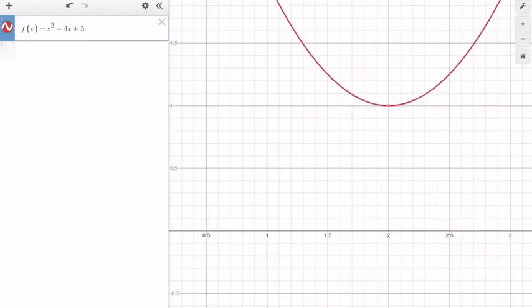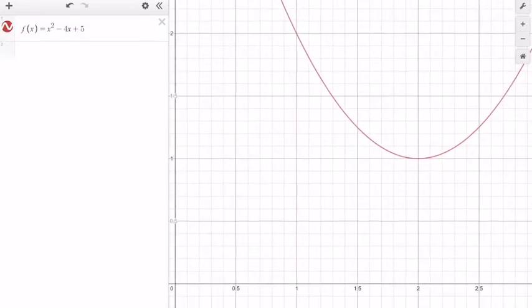Our vertex is when x is 2 and y is 1. Right? And our vertex is where our graph changes direction, so it switches from a decreasing function to an increasing function.